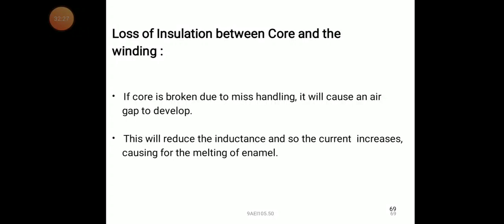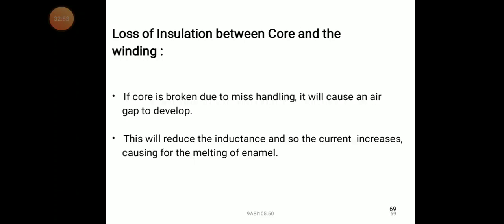Loss of insulation between core and the winding. The meaning is, whenever we wind the coil on the core, we need to provide some sort of insulation. If that insulation is lost, we may have some faults.